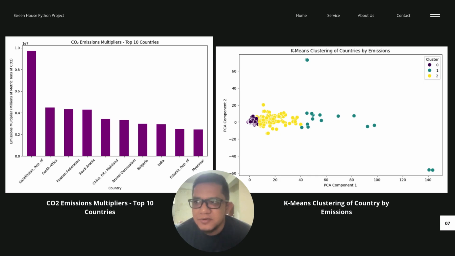Russia and also Saudi Arabia have high emissions, which can be attributed to oil and gas production. China and India, as countries with large populations, also show significant emissions, which might be influenced by industrial growth and energy consumption.